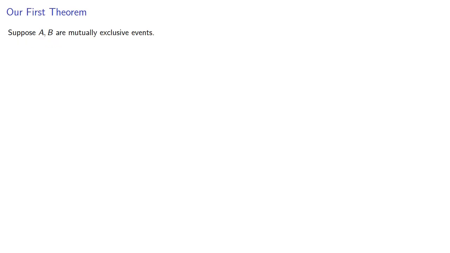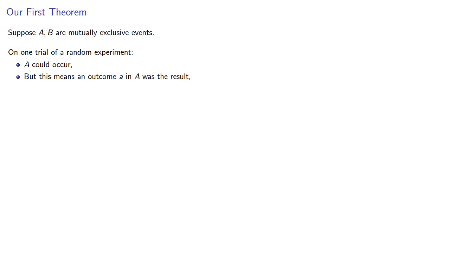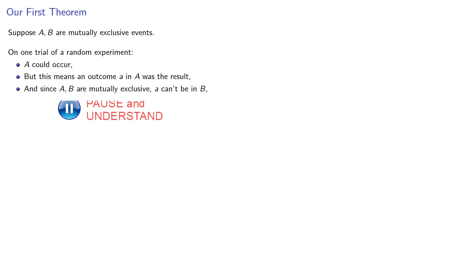So let's try to relate some of our definitions. Suppose A and B are mutually exclusive events. On one trial of our random experiment, A could occur, but this means an outcome in A was a result. And since A and B are mutually exclusive, this outcome can't be in B. So B did not occur.